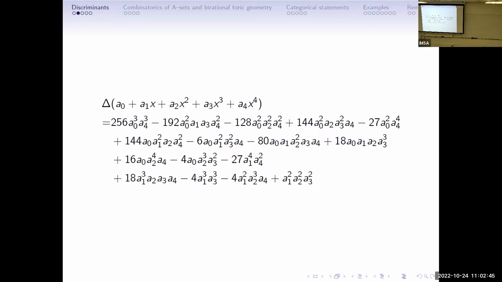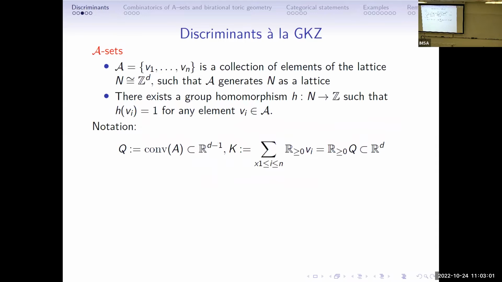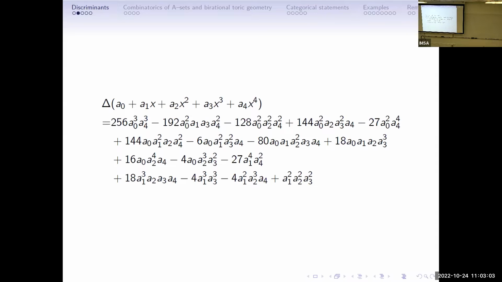Despite being a very classical problem, the amazing thing about this story is that there still are many questions about singularities of discriminants that are not answered. In about the late 80s, early 90s, Gelfand, Kapranov and Zelevinsky came up with a new approach to discriminants.